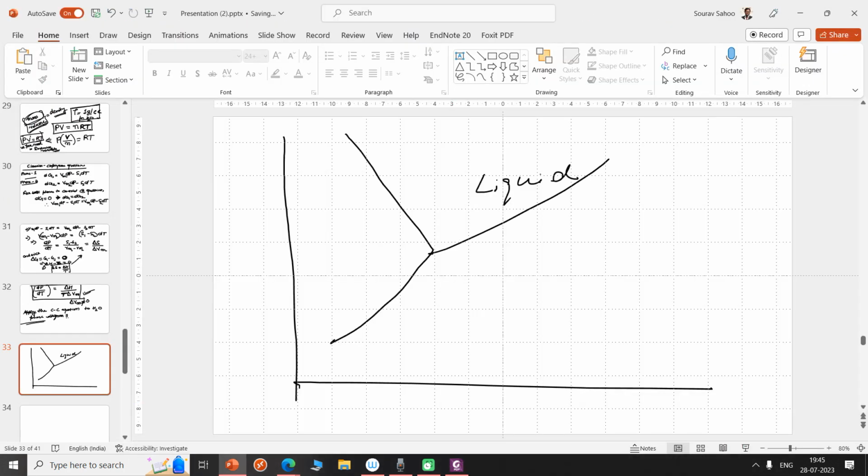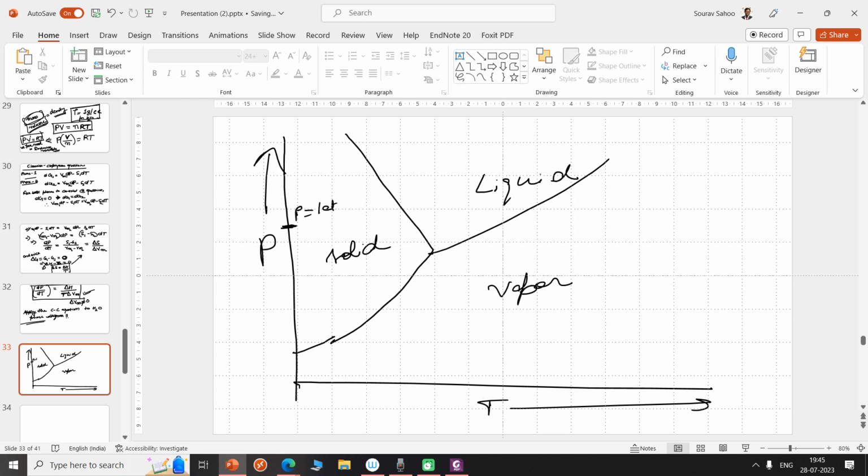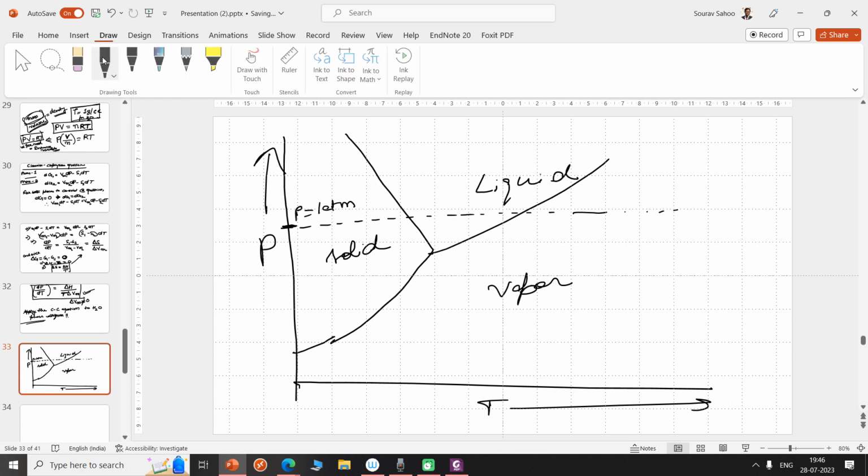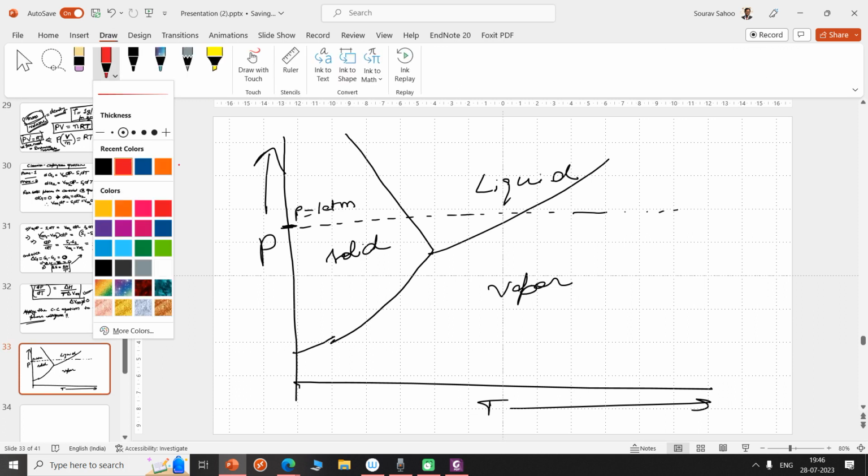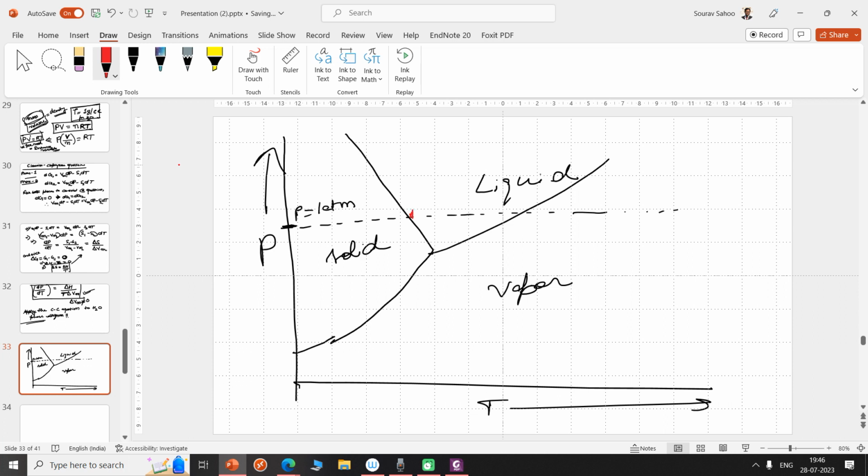Liquid, solid, vapor, the temperature and pressure, right? So let's say if we have one atmosphere here, the world that we live in is at a pressure of 1 atmosphere. So we all know that under these conditions, 1 atmosphere, ice will turn to liquid at 0 degree centigrade.